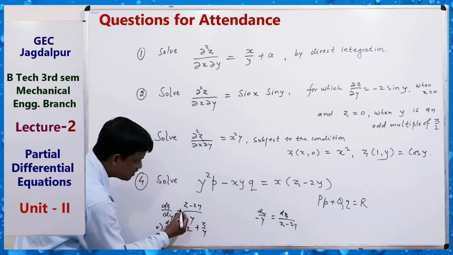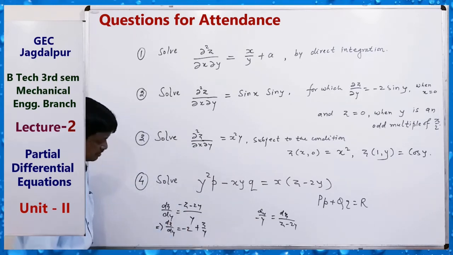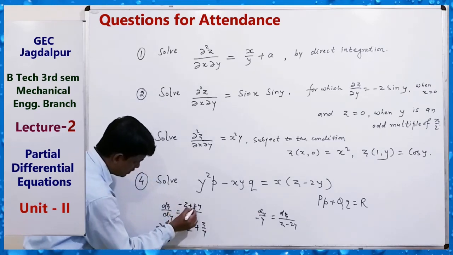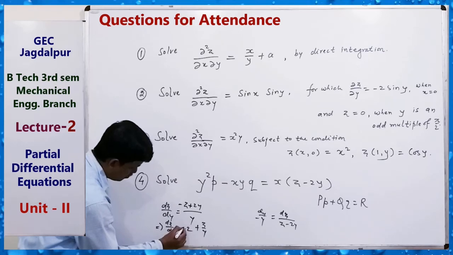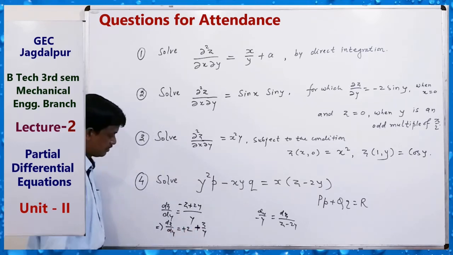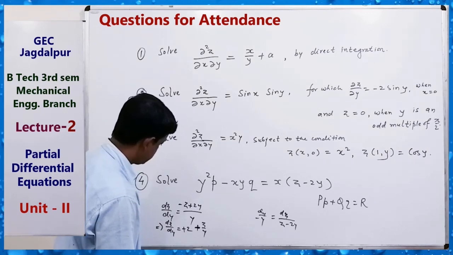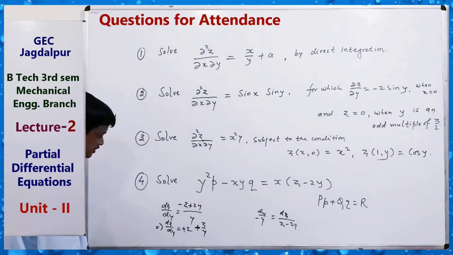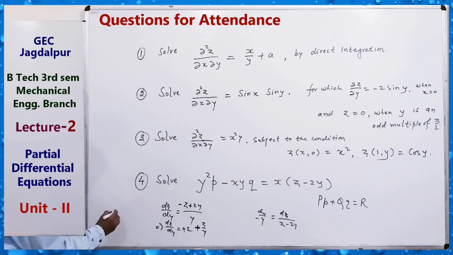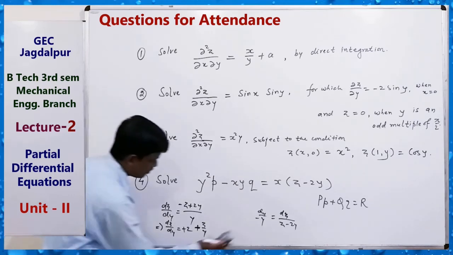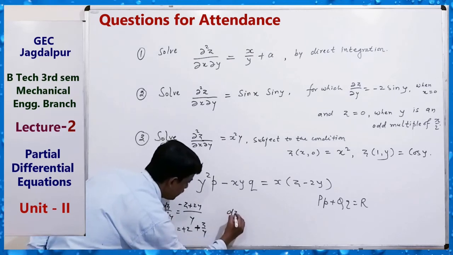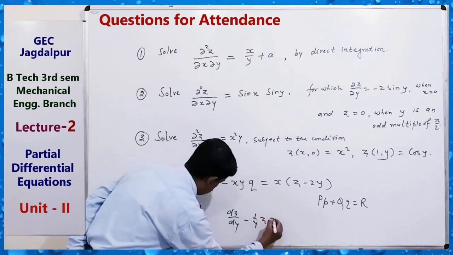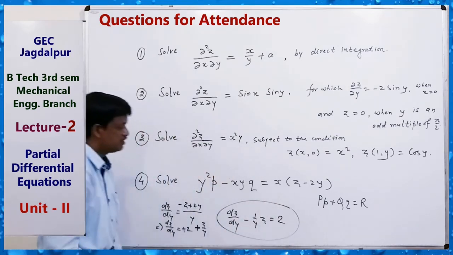So this is minus 2 and this is plus z by y. Okay, so we can write it as dz by dy minus 1 by y z equals minus 2. This is a linear equation.